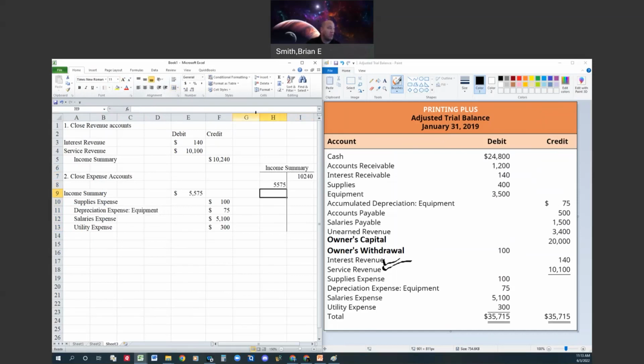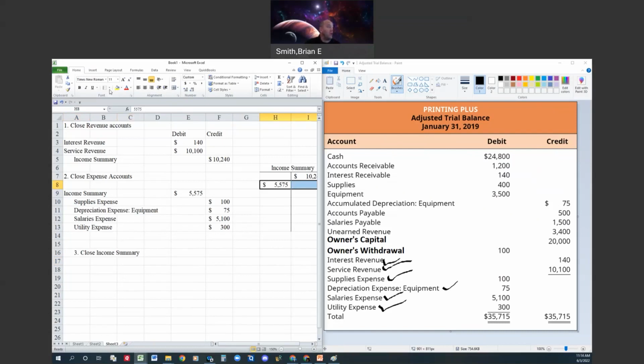So that is our T account looking thing over here. But our third step is to close the income summary. And remember, our income summary is a manifestation of the income statement. That's why it's called the income summary. It summarizes our income statement. Okay, and we've already done all those guys.